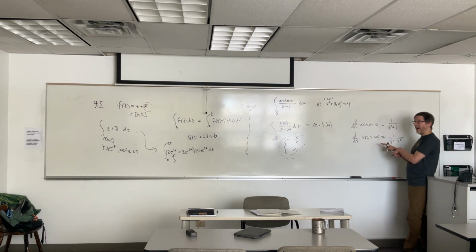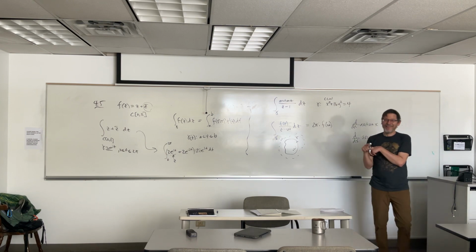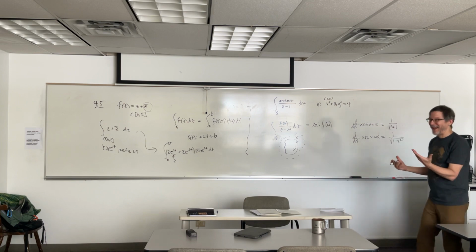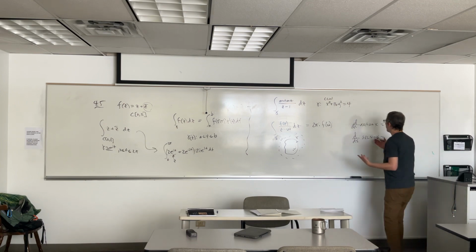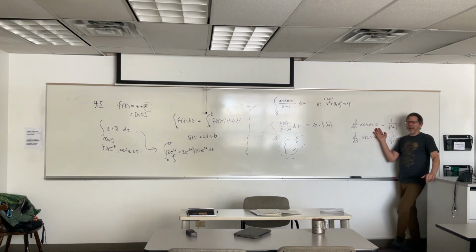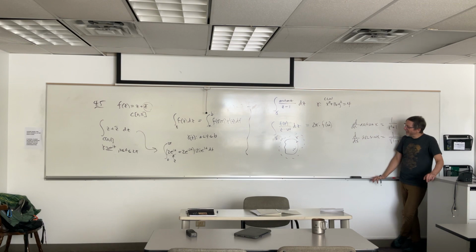And then arc cosine is just the same with a negative on top. So we got that. This rings bells vaguely.